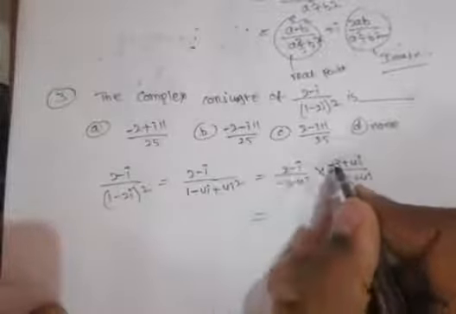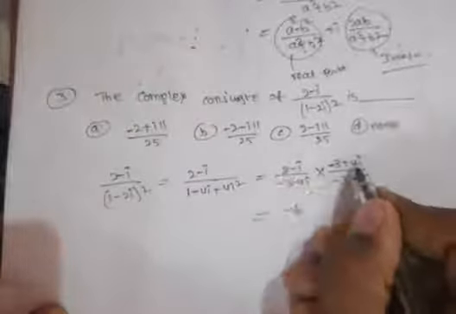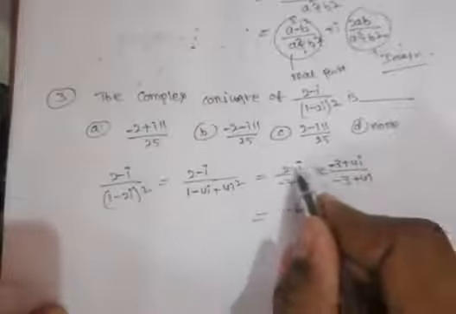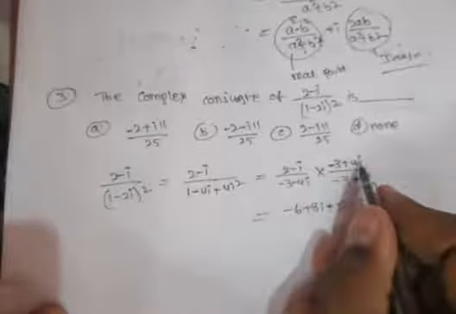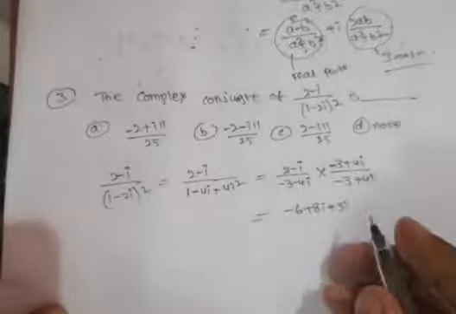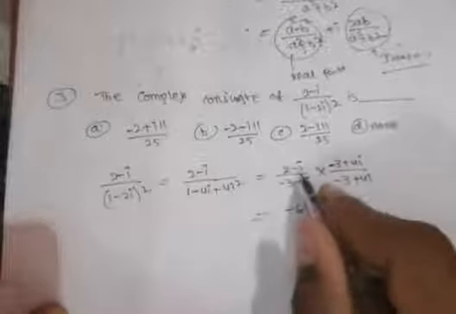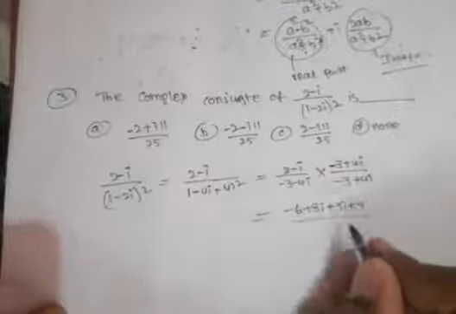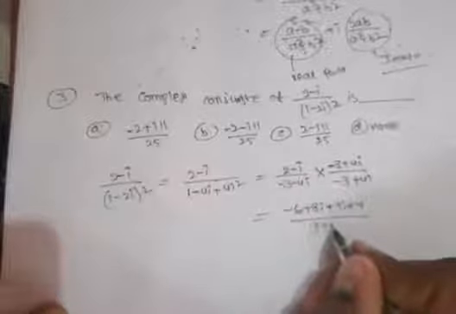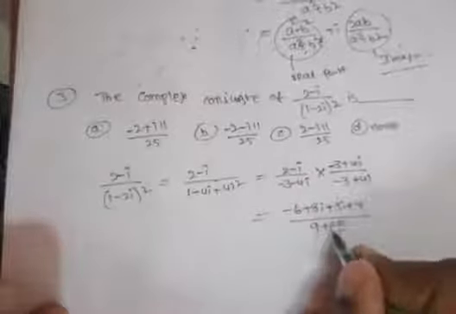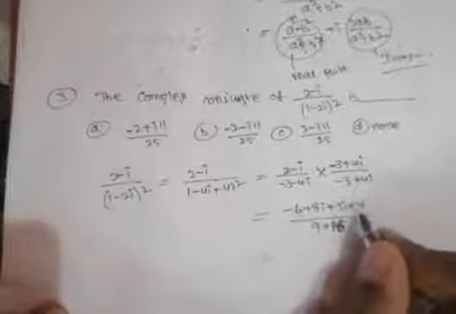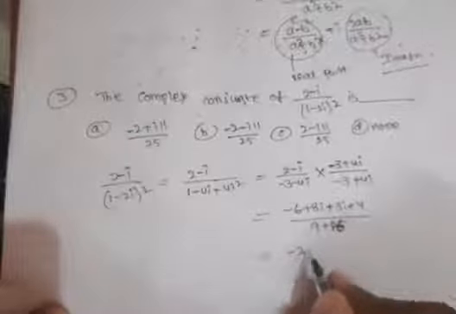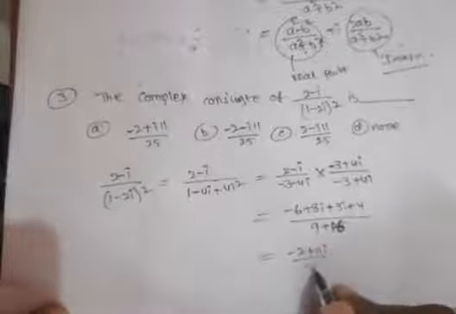You can multiply here: 2 into 3 minus 6, plus 8i plus 3i, here 4i square minus 4i square, i square means minus 1, minus into minus plus 4, by here 9 plus 16. So here minus 6 plus 4, that is minus 2 plus 11i by 25.